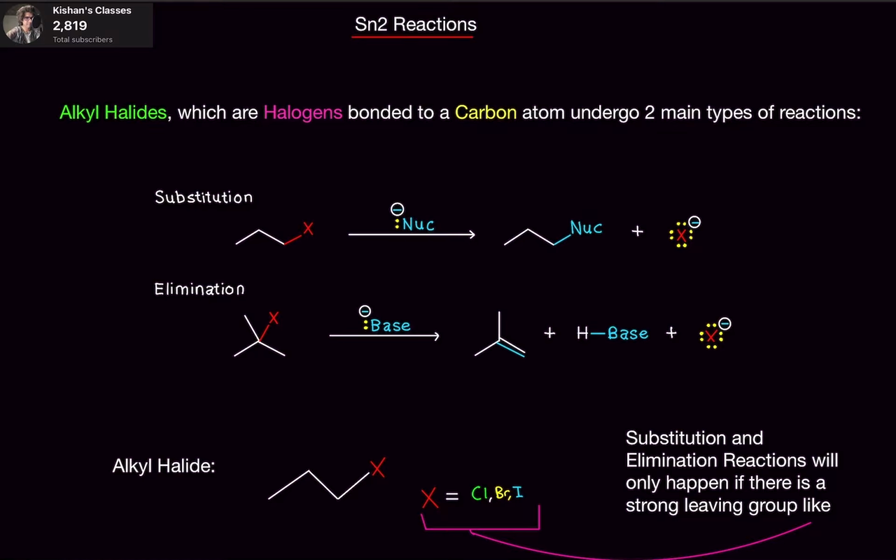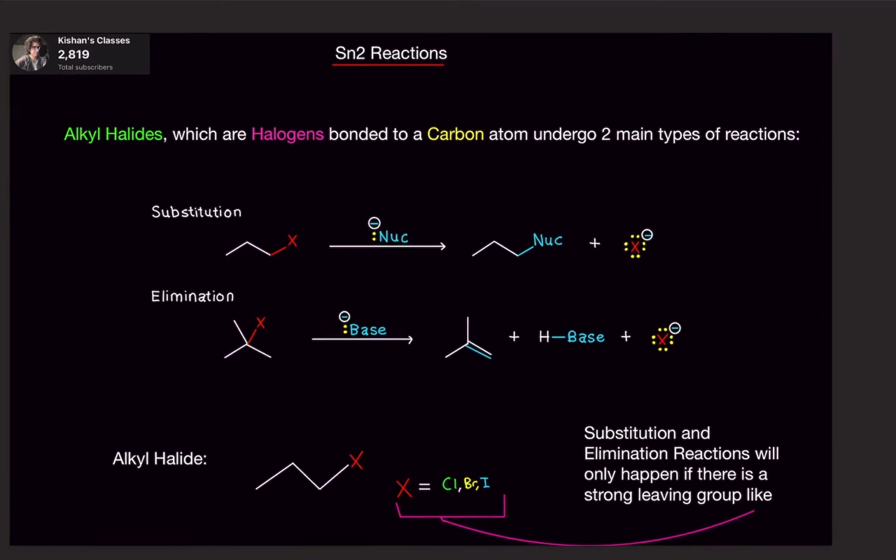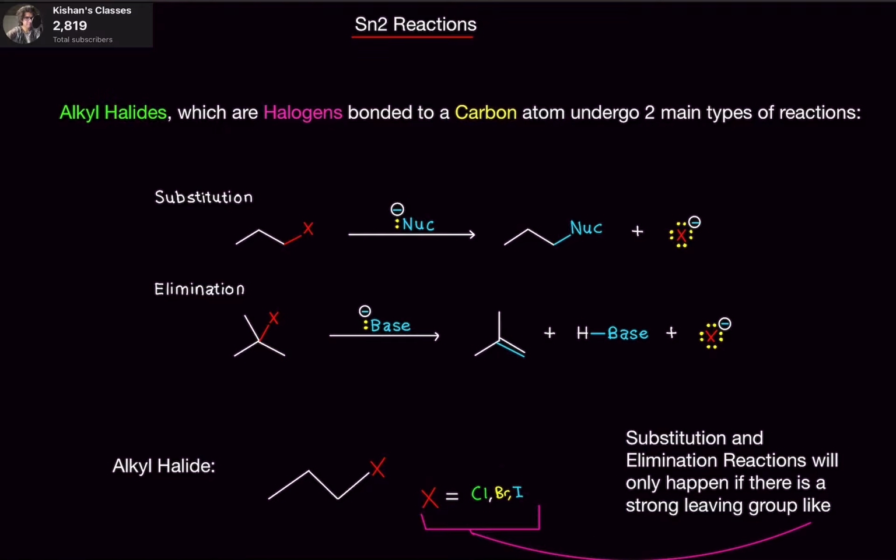What makes a strong leaving group is if it's a weak base. Chlorine, bromine, and iodine are weak bases. That's why they are great leaving groups. Fluorine is not one of those. So, that is why these can be used in substitution and elimination reactions.